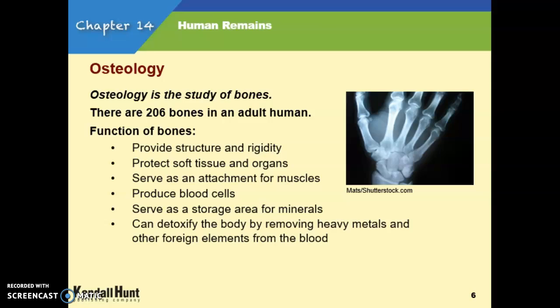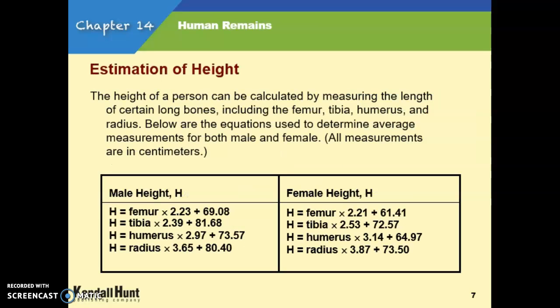All right, and here are the formulas I was referring to. So for a male, it is going to be the length of the femur times 2.23 plus 69.08, and that'll give you the height of a man. So working backwards, you can figure out the length of your femur, right?